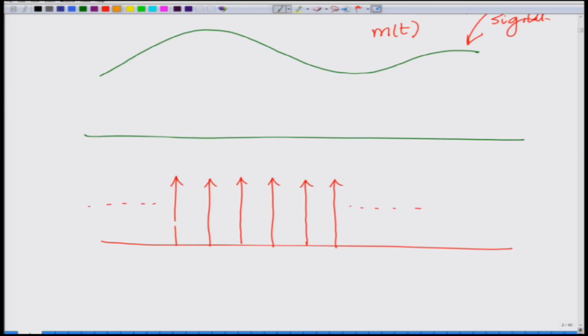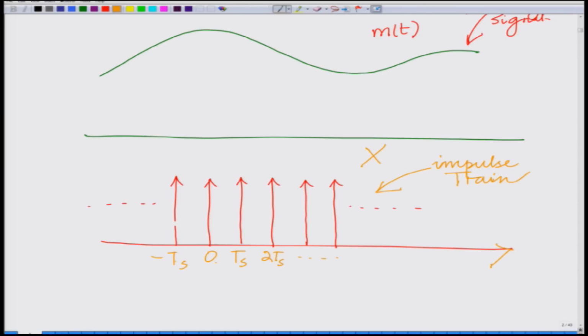So, I can take the product of this with the impulse train. This has an impulse at 0, Ts, 2Ts and so on, minus Ts.